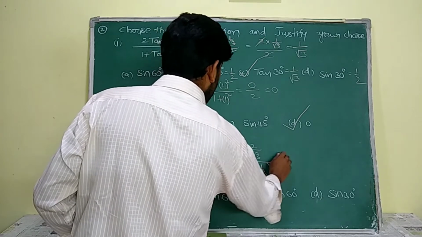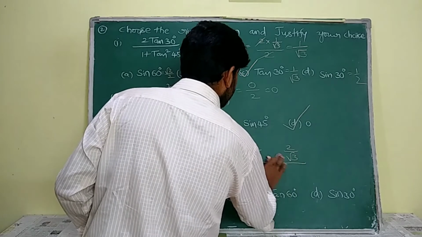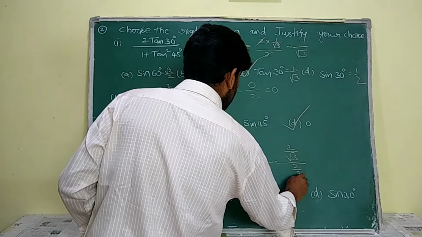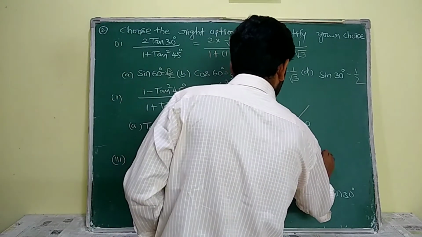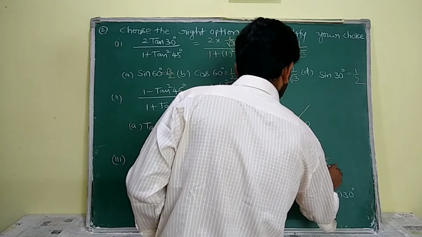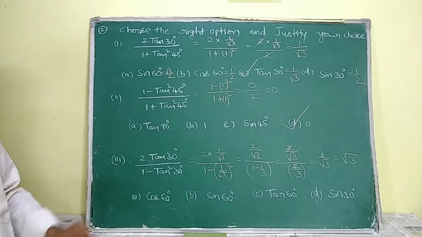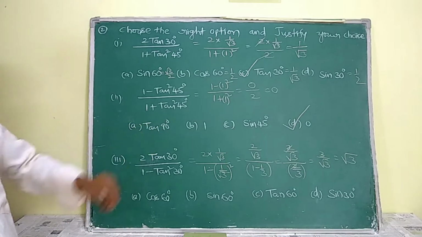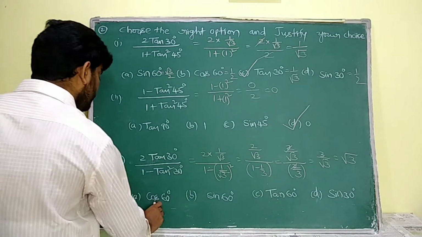So that is 2 by root 3 by 3 minus 1, that is 2 by 3. So this 2 and 2 are going to be cancelled. That is equal to 3 by root 3. 3 by root 3 is root 3, because 3 can be expressed as root 3 into root 3. Now one root 3 is going to be cancelled.